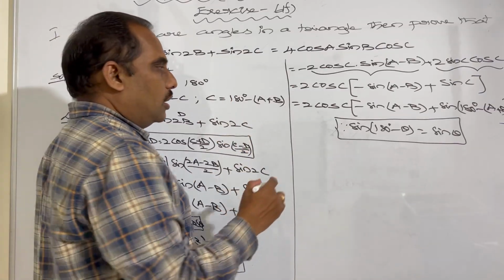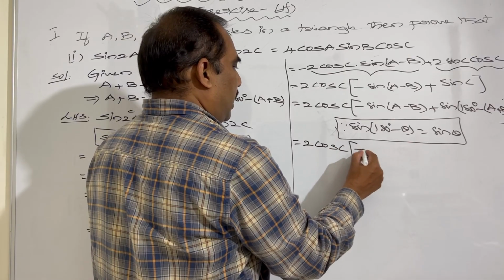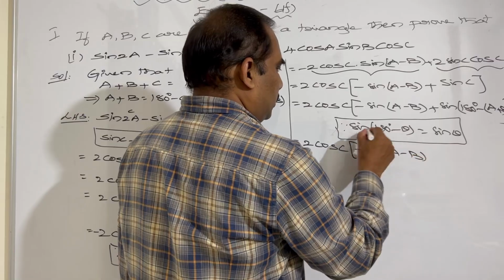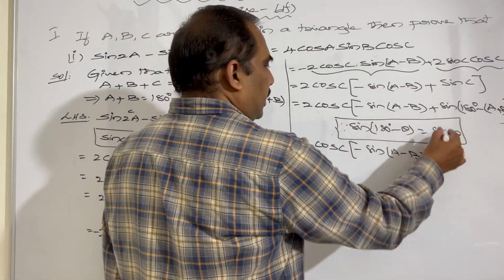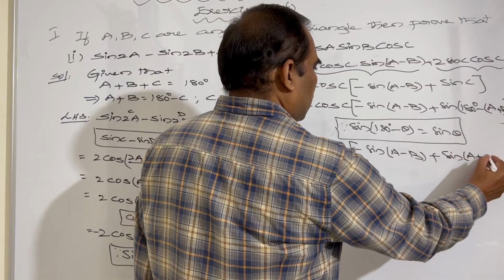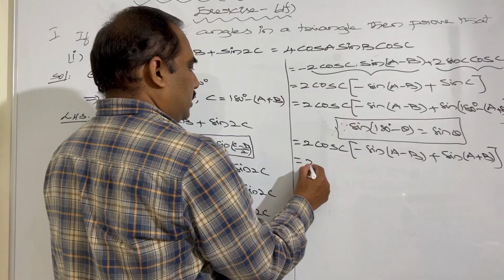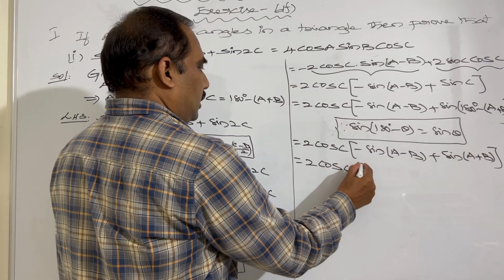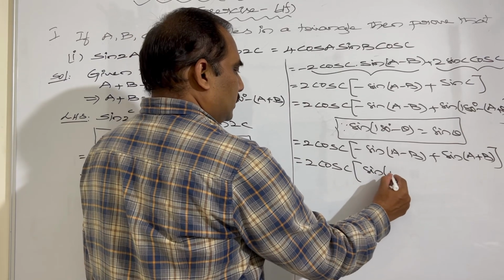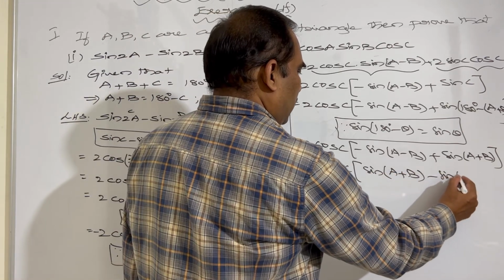So now this is equal to 2 cos C into minus sin of A minus B, and as per this property plus sin of A plus B. If you rewrite this, we get 2 cos C into sin of A plus B minus sin of A minus B.